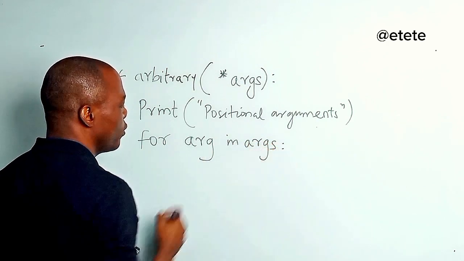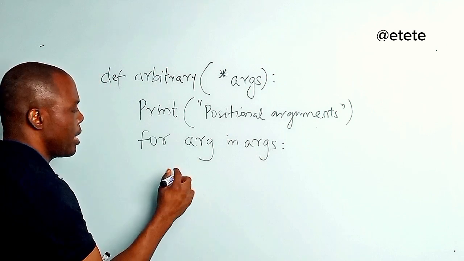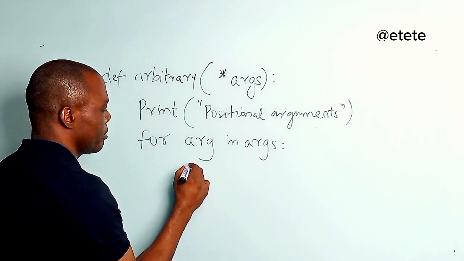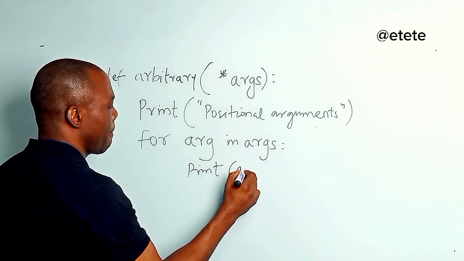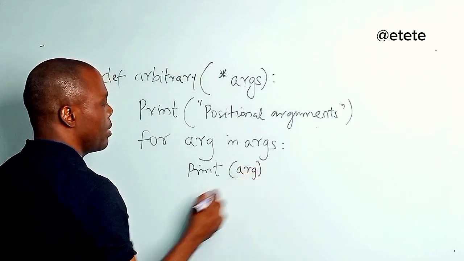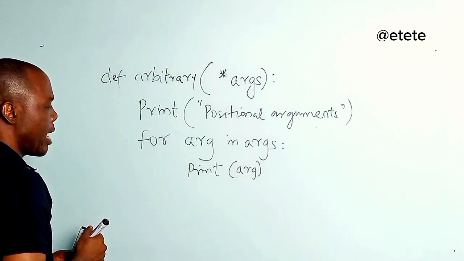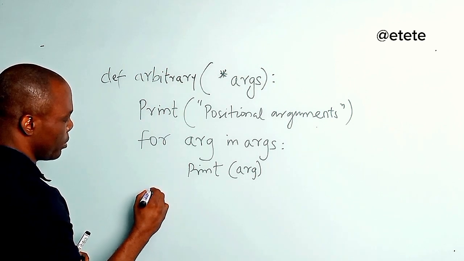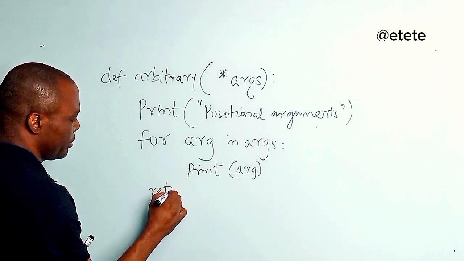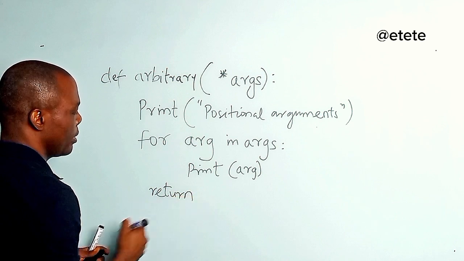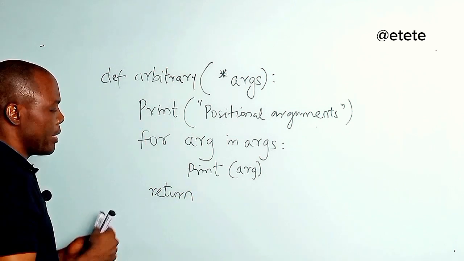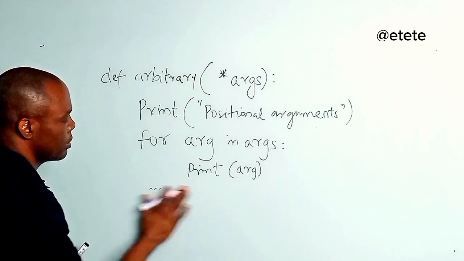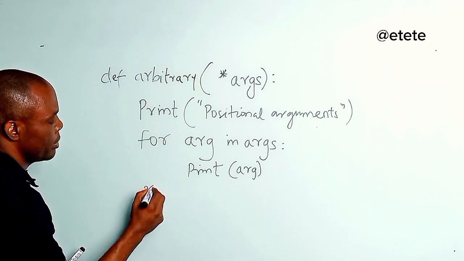Now this is my for loop. Go in and then print arc. Then I will come here and I will say return. I'll have to bring it here.